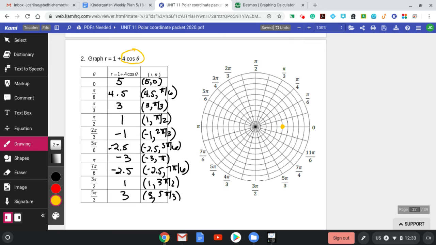But now +1 says, oh, move it out one spot further. So now I'm at 5. Makes sense. Pi over 6, 4.5. So about 4.5 right there. I'm going to try to connect them as I go. 3, pi over 3, 3. So 1, 2, 3 right there. 1 at pi over 2.